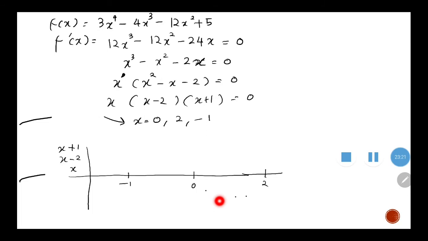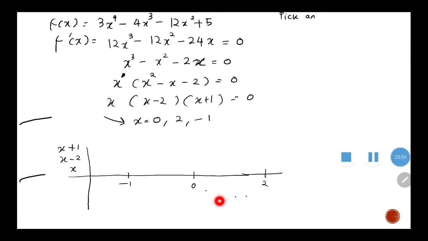Now we start with this part here. I will decide for myself. What you must do is pick any number less than minus 1 here. Less than minus 1.